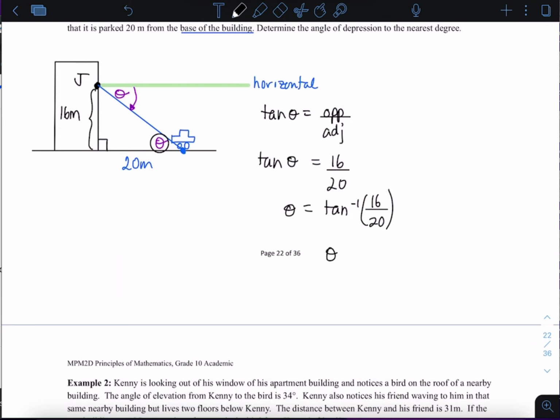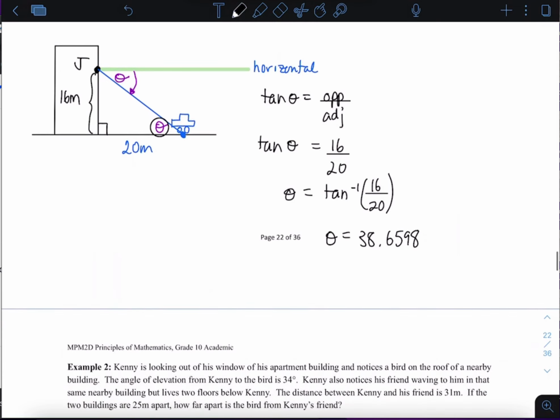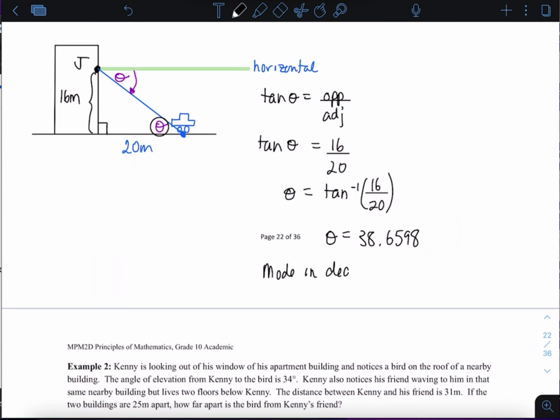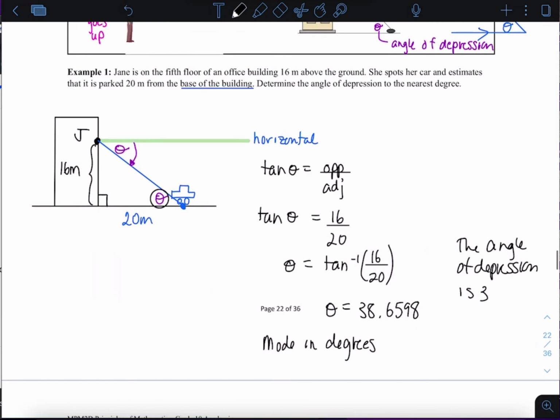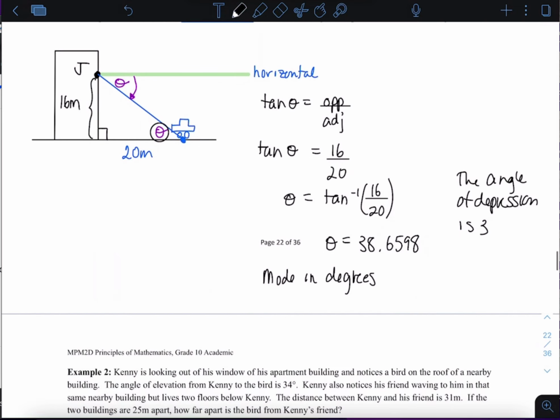I'm going to get theta is 38.6598. And if you didn't get that, chances are your mode is not in degrees. Okay, so make sure that your calculator is in degrees mode. The angle of depression, it says to the nearest degree, is 39 degrees. Very good.